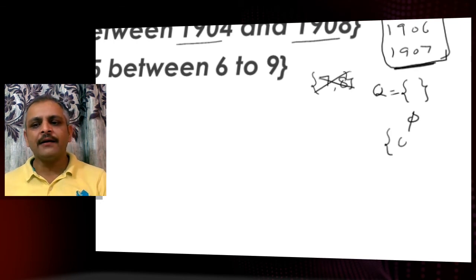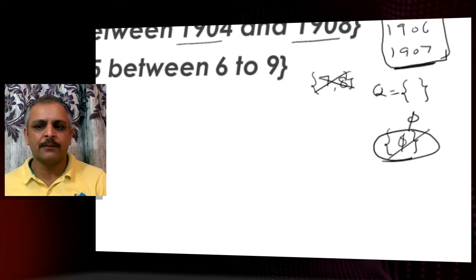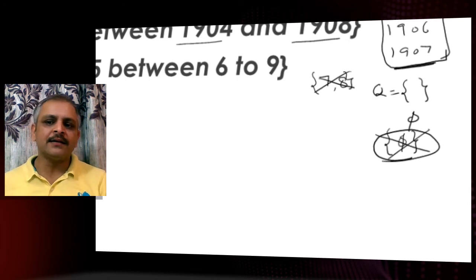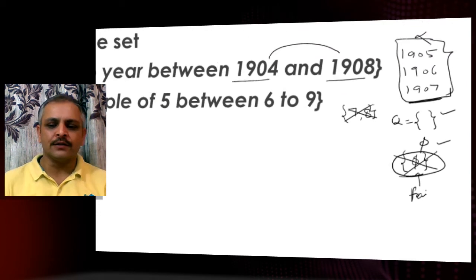But if I write both together, it does not represent an empty set. This is a wrong example. The reason is this set has one element, named phi, so it is not an empty set. So write either empty braces or this symbol, not both of them together.